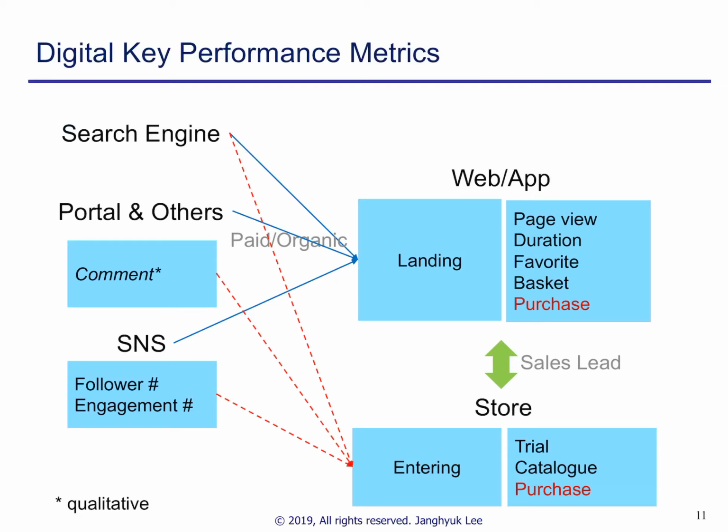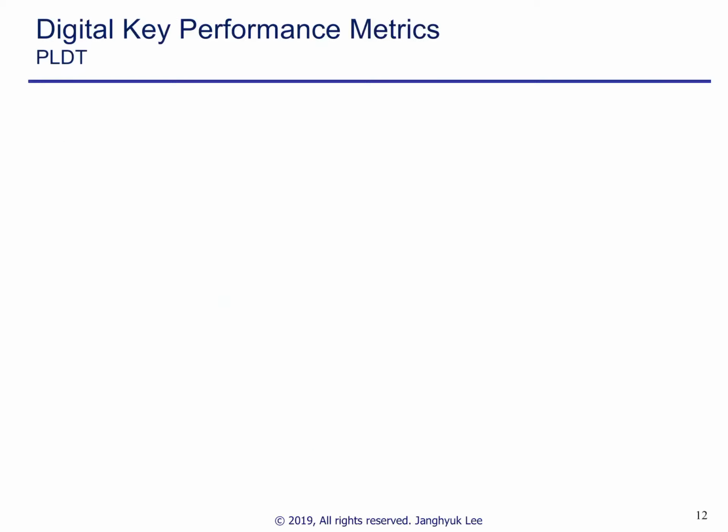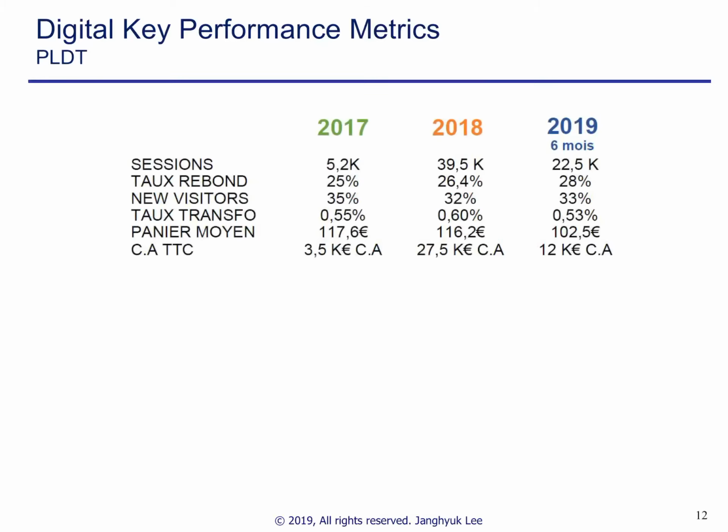As we can measure, we can improve the performance of the conversion from visiting to purchase. So if you look at the document of Boutique d'hôtel, you can see some performance metrics which were summarized to show the overall digital activities of Boutique d'hôtel.